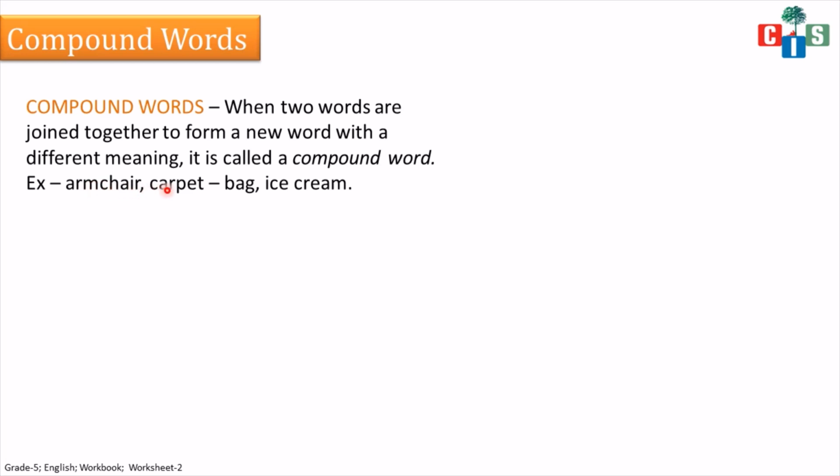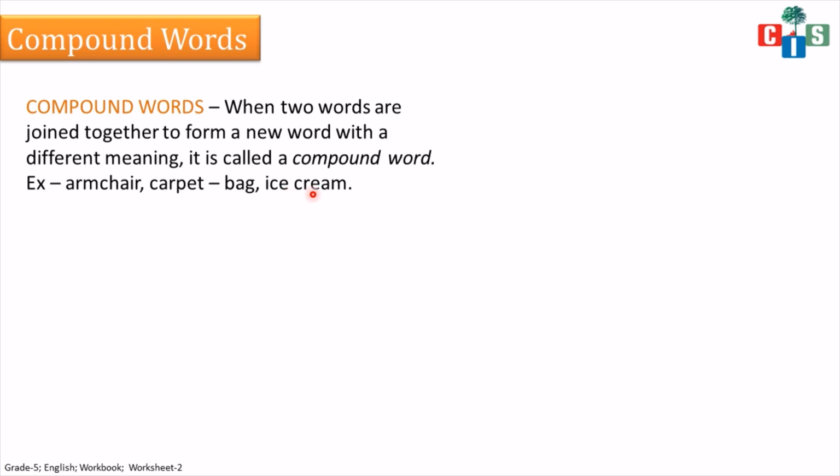In the same way we have one word carpet and one word bag, which are joined together with the help of a hyphen, and we have a new word, that is carpet bag. In the same way, ice and cream, these are two different words having two different meanings.